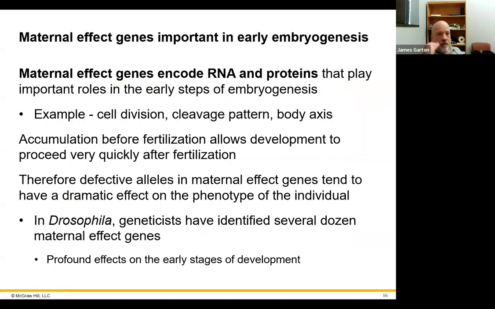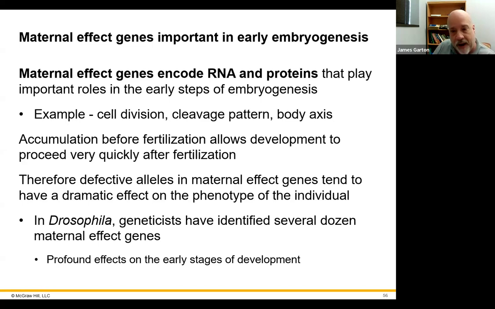Now, maternal effect genes work because they encode RNA, and therefore proteins, that they pump into the egg cell that play a very important role in the very first few steps of embryogenesis. They determine, for example, what kind of cell division the early embryo undergoes.